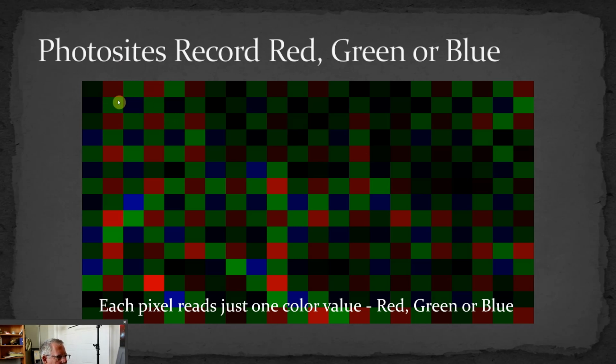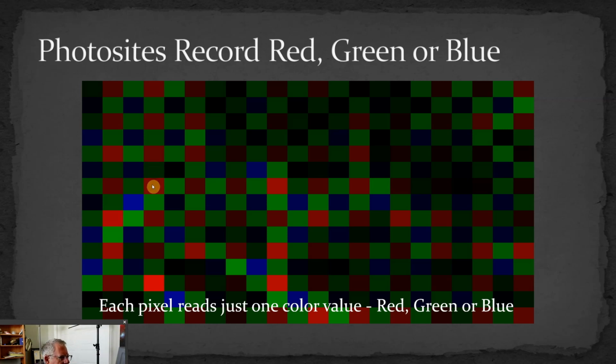Now, as I said, each photo site only records the brightness of one color, either red, green, or blue. So for a given photo site, we know how much red fell on that photo site, but we don't know how much green or blue. And to make an RGB image, if you recall, we need all three colors. We need a red component, a green component, and a blue component. And it uses a process called debayering or demosaicing.